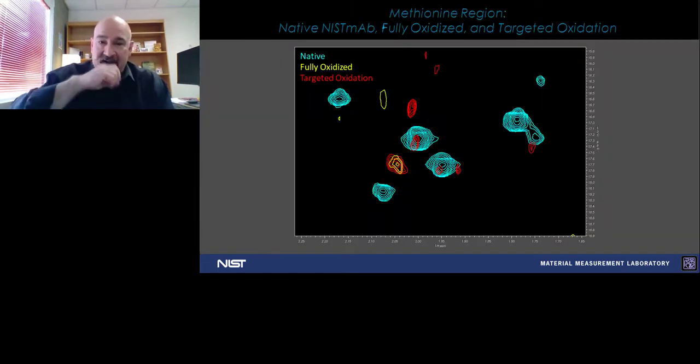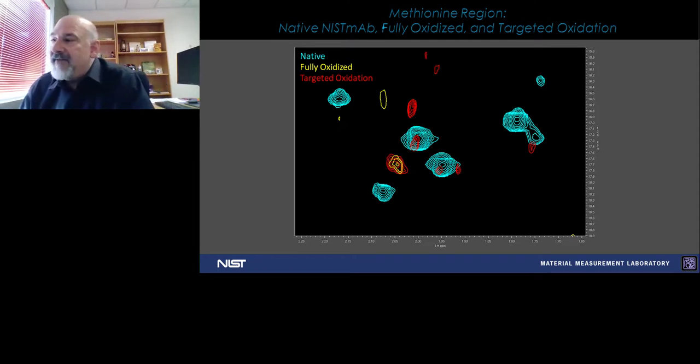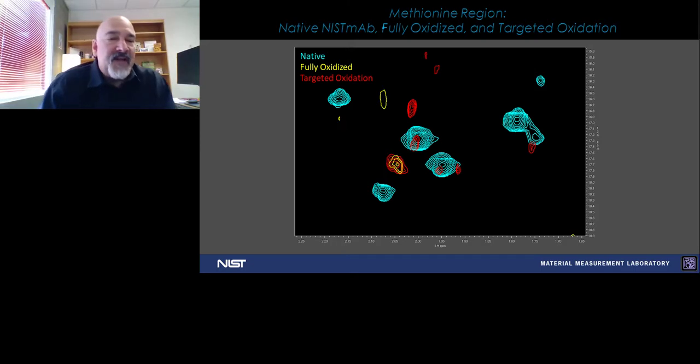Here's another interesting aspect. Post-translational modifications like oxidation of methionines can have important clinical effects, including changing how an antibody binds to an immune cell receptor. Here's an example of 3 kinds of samples: native, one where peroxide was added to oxidize all of the methionines, and a third sample which was prepared in such a way that it performed targeted oxidation of only a subset of all the methionines.